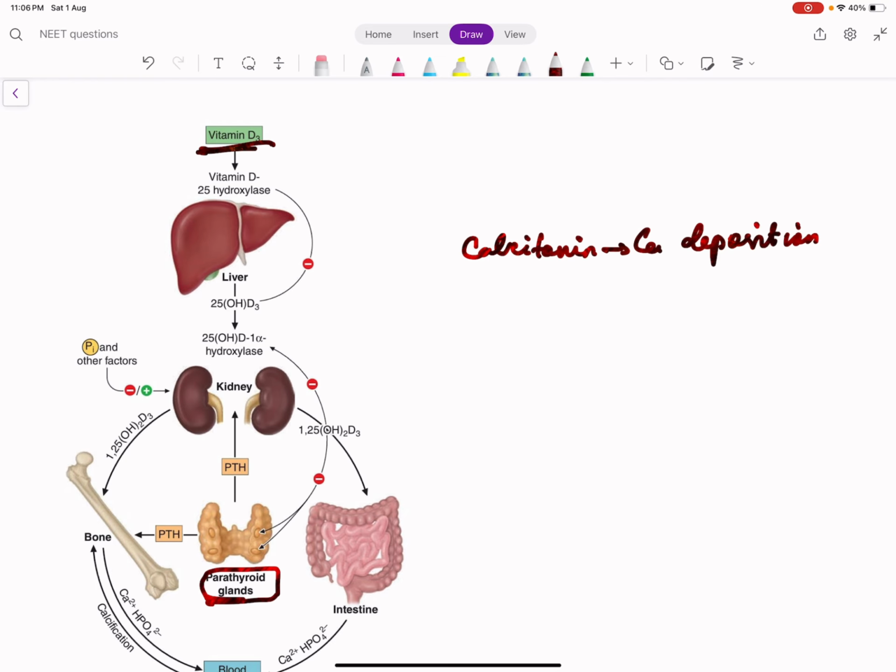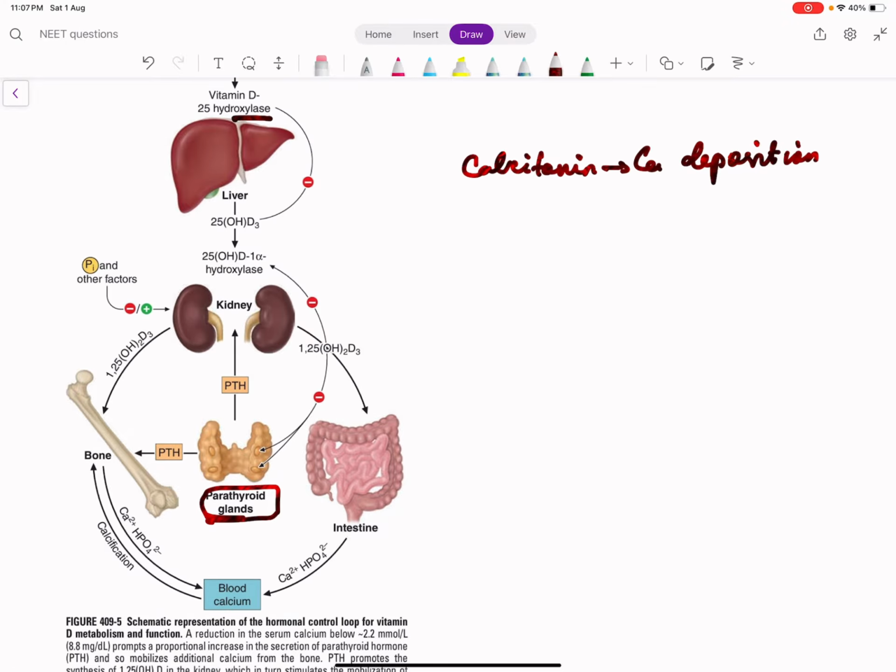So we know vitamin D, by the exposure of sunlight, the vitamin D precursors come. The liver, by the enzyme 25-hydroxylase, converts vitamin D to 25-hydroxy vitamin D. The 25-hydroxy vitamin D is converted by the 1-alpha hydroxylase to 1,25-dihydroxy vitamin D3.